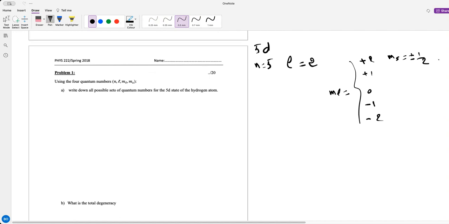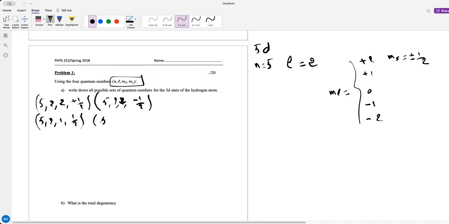Now, what are the possible states? This is the question. So it will be 5, 2, 2, plus 1/2; 5, 2, 2, minus 1/2; and then 5, 2, 1, plus 1/2; 5, 2, 1, minus 1/2; and 5, 2, 0, plus 1/2; 5, 2, 0, minus 1/2, and so on.